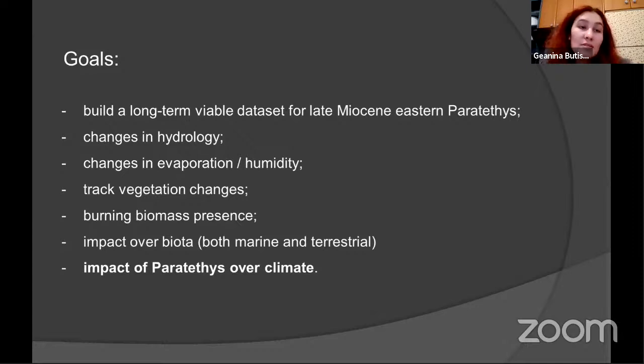But my favorite one is obviously the impact on biota, because the Paratethys had a great impact on the biota populating it, and of course all the other animals and plants living around it. And lastly, what was the overall Paratethys impact on the climate?